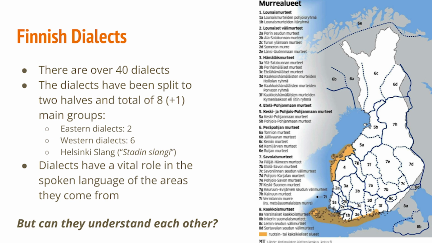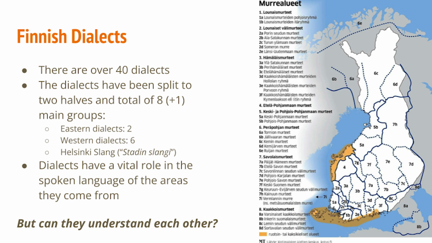But within these two halves, we have two main groups of Eastern dialects and 6 main groups of Western dialects. The reason why I have listed here that we have a total of 8 plus 1 main groups is because we also have Helsinki slang, which some people think is a dialect, some people don't.